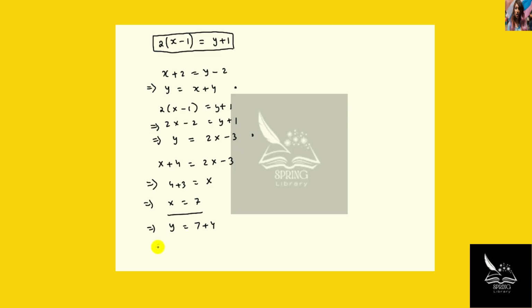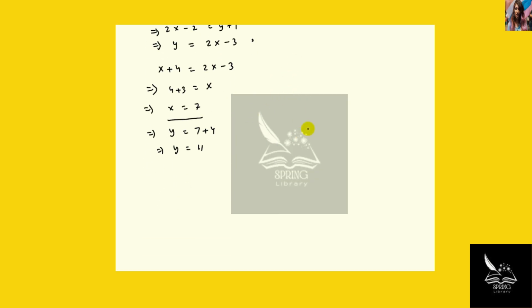And so this implies y equal to 11. So finally we have the value of x and y. x is equal to 7 and y is equal to 11.